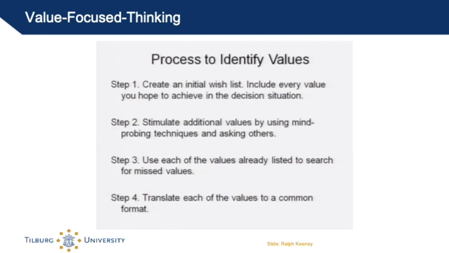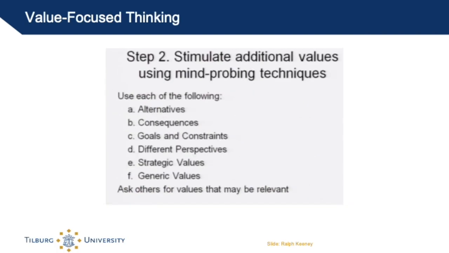And here I want to zoom in on step 2, ideas for stimulating additional values using so-called mind-probing techniques. What Keeney suggests would be thinking about alternatives to specific values that you've already formulated, consequences of the ones that you've already formulated, goals and constraints, just trying to choose a different perspective.